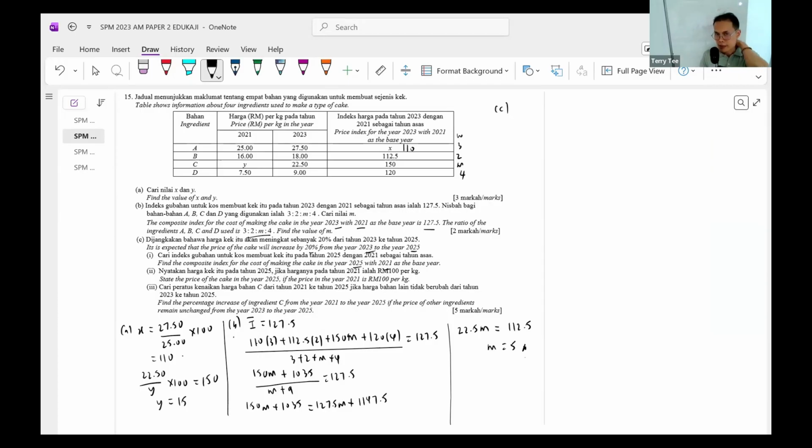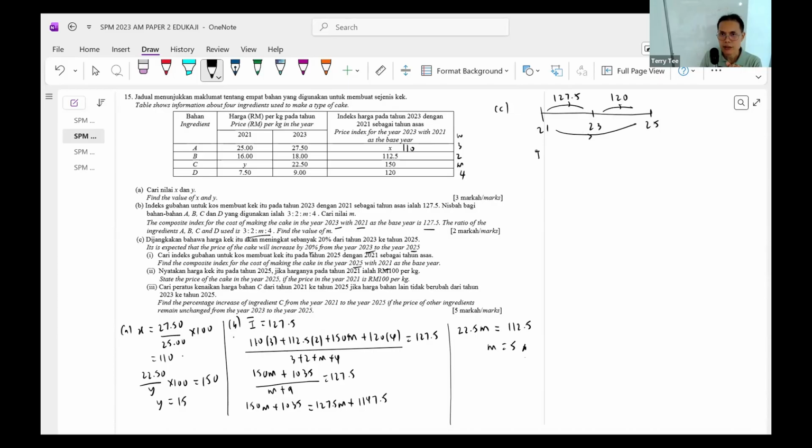Okay, we know the composite index here, right? These are the items that go into the production of a cake. From 21 to 23, your overall increase is 127.5, that means 27.5%. So 23 to 25, they say the increment is 20%, so we are at 120. Now you're finding the composite index for 21 to 25.